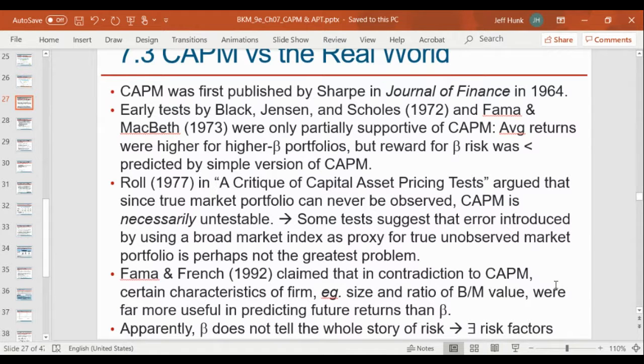Because CAPM was first published by Sharpe, the guy who came up with the Sharpe ratio, in the Journal of Finance in 1964. So it spans almost 60 years since then, 6 decades.